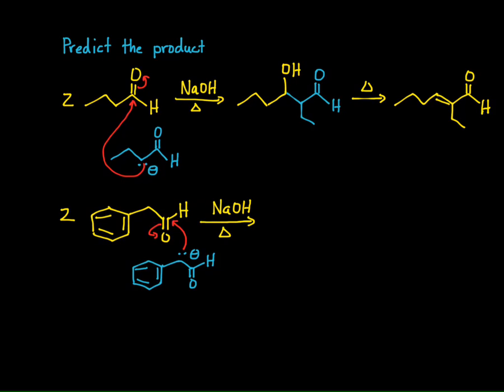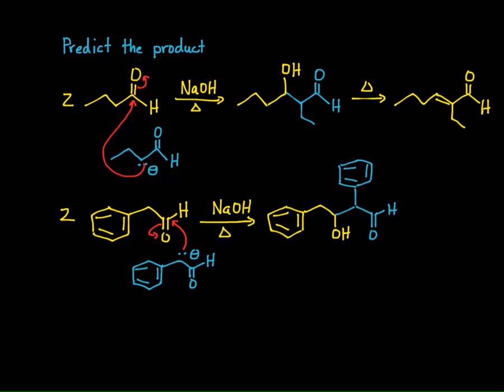So to draw my product, I start with the basic structure of the aldehyde. I convert the carbonyl into a COH, and now I'm going to add that alpha carbon to it, and it has an aldehyde on it, and it has a benzene ring on it, right?